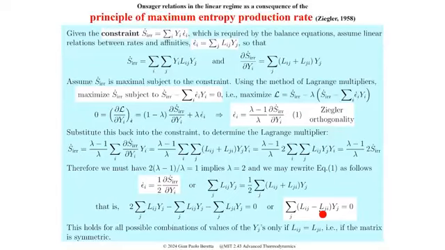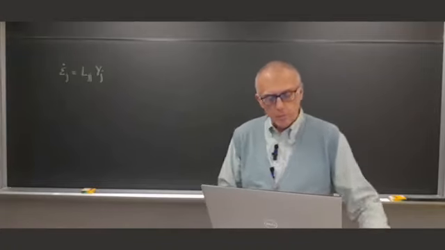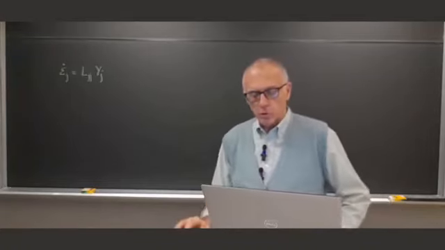Okay. So we prove that at least you get Onsager symmetry if you accept the principle of maximum entropy reduction rate. It's not sure you can do it also in reverse.